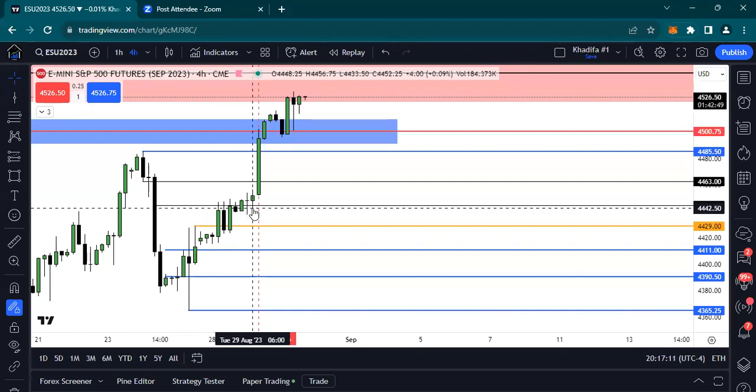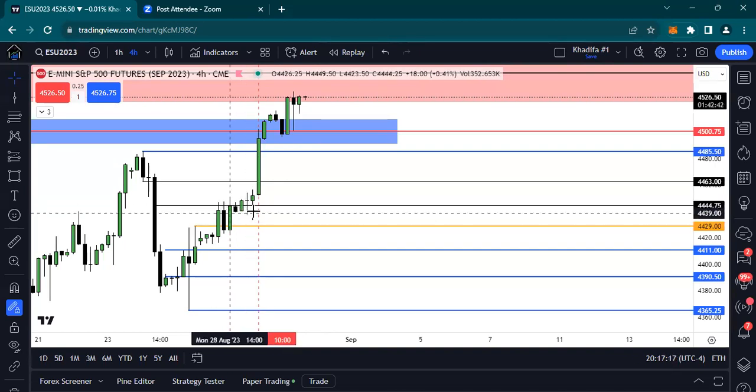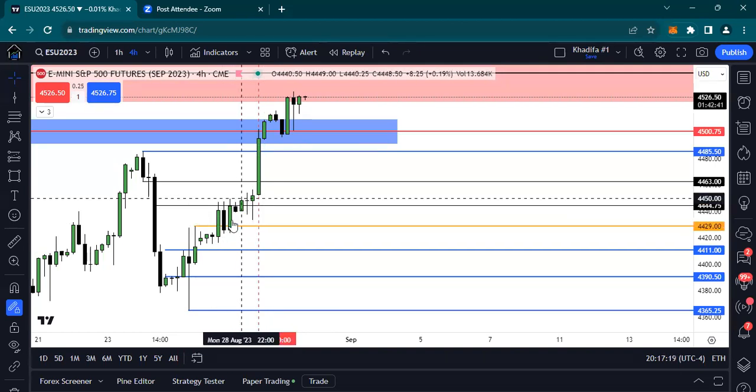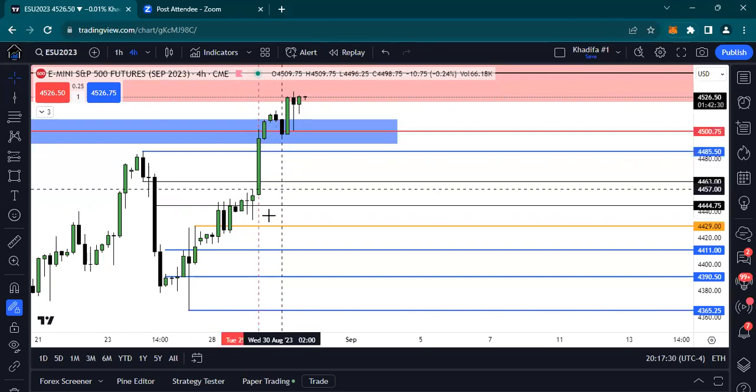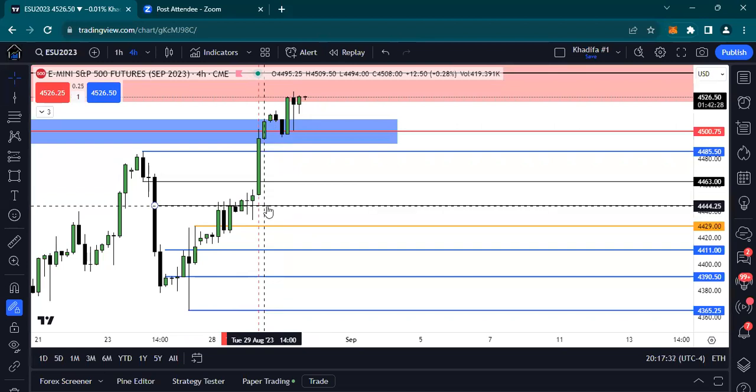And then we see price unwilling to close back below that 62% level, right? All of these things you need to be paying attention to because all of these things are indications that price is willing or wants to go higher, right?